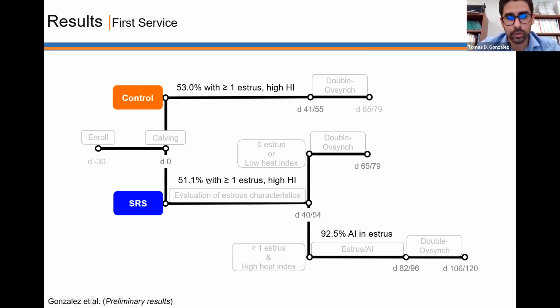In the study group, 51.1% show one heat or more with a high heat index, and this is really important here: 92.5% of the cows were assigned to this group because they presented at least one heat in the voluntary wait period we have for this experiment. 92.5% of the cows were bred by the collar. This is showing us something really interesting: we have the opportunity to breed animals without using hormones, so we can already see that we are saving some money.